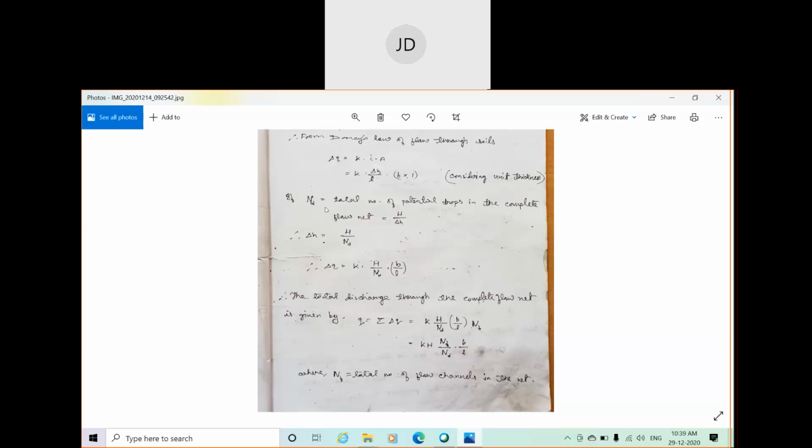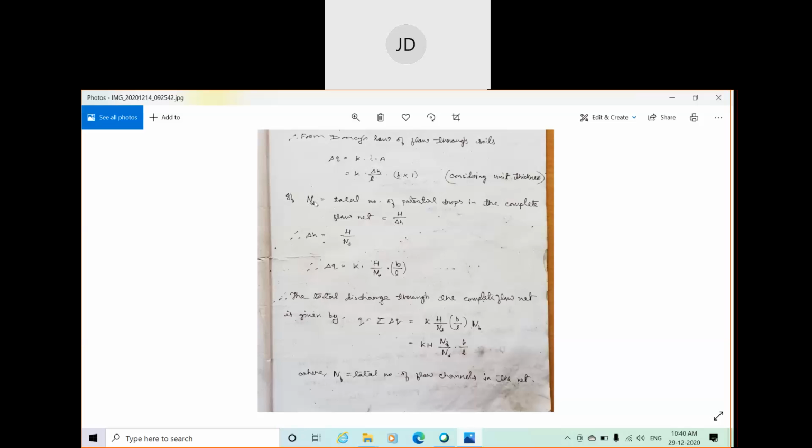So let's say ND represents the number of drops, the total number of potential drops in the complete flow net. N for number, D for drop. It can be represented by capital H by delta H. Indirectly, total head is the unit potential drop multiplied by the number of drops, isn't it?